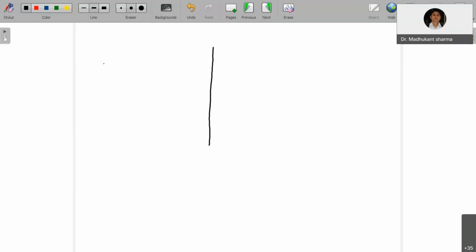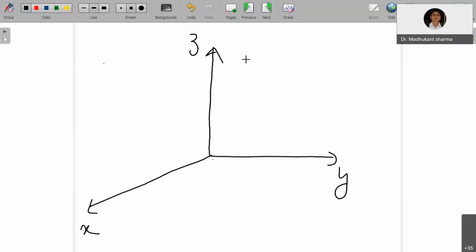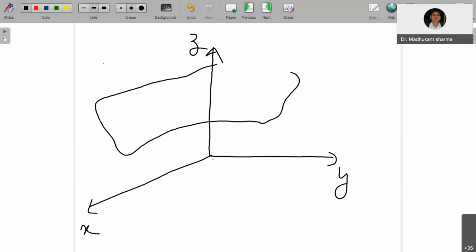Okay, if you have x, y, z space, and you have z equals f of x, y, let's take this as the surface, and let's take this as your x naught comma y naught.